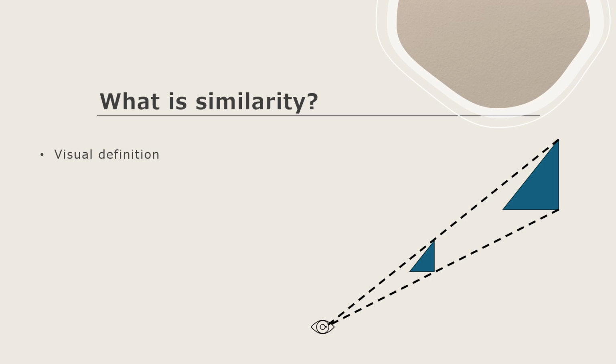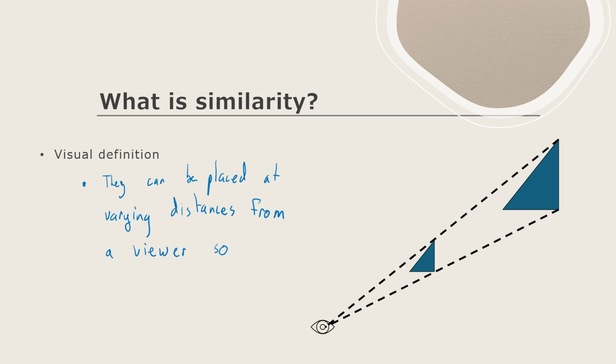One way you can think about it is 2 shapes are similar if they can be placed at varying distances from a viewer so that they perfectly overlap.